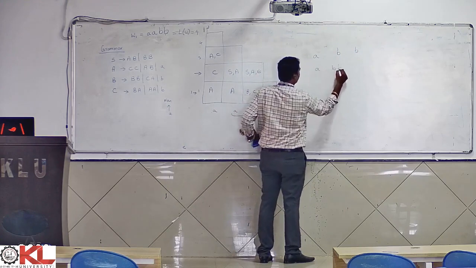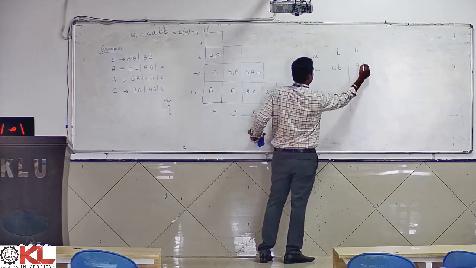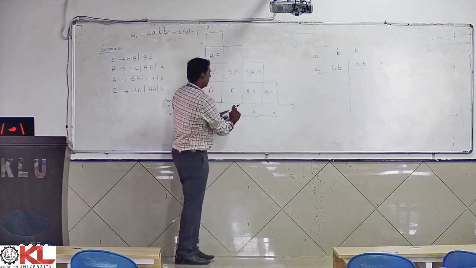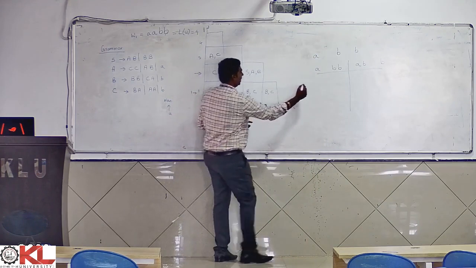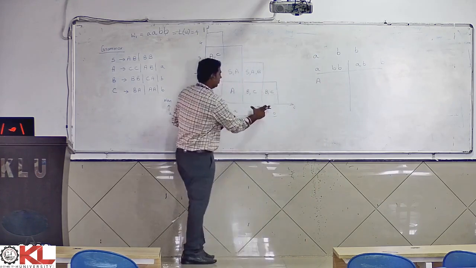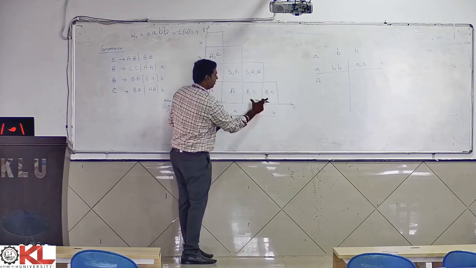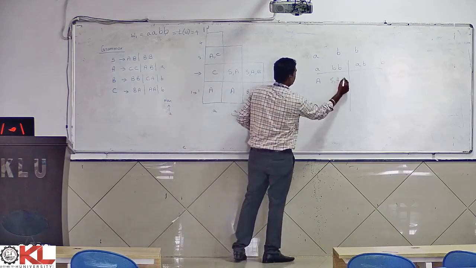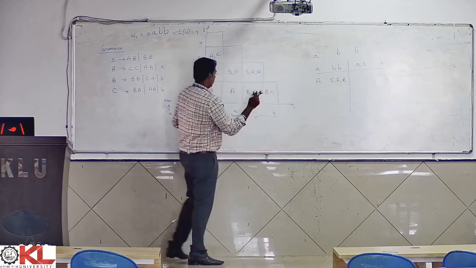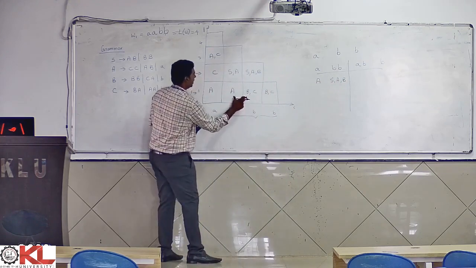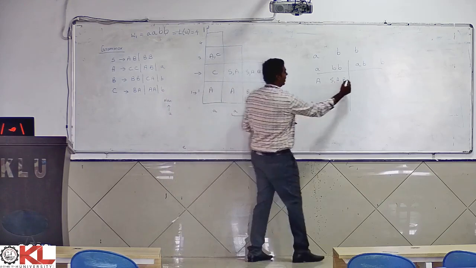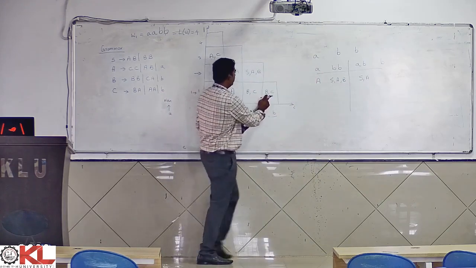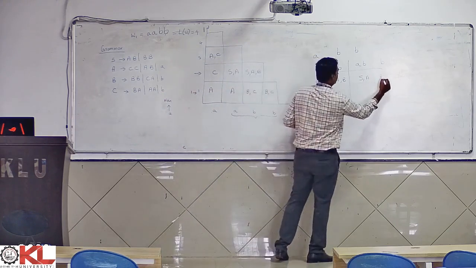This is one possibility and another possibility is A, B and B. First one, A tends to A. When these two cells are combined, it merges here, so that is S comma A comma B. Similarly, when you combine these two cells, it comes here S comma A, and the value for B is B comma C.